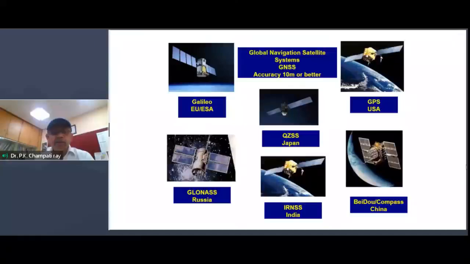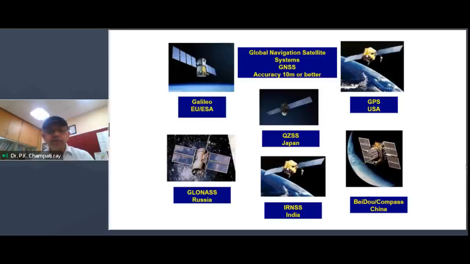Now, the types of the global navigation satellite system, constellation of satellites. What is mentioned in this slide, 10 meter or better accuracy, is mainly for using a single frequency and without doing any post processing. So that gives you a poorer accuracy.